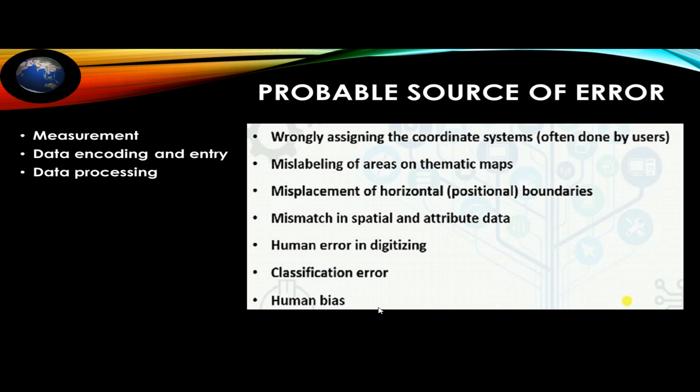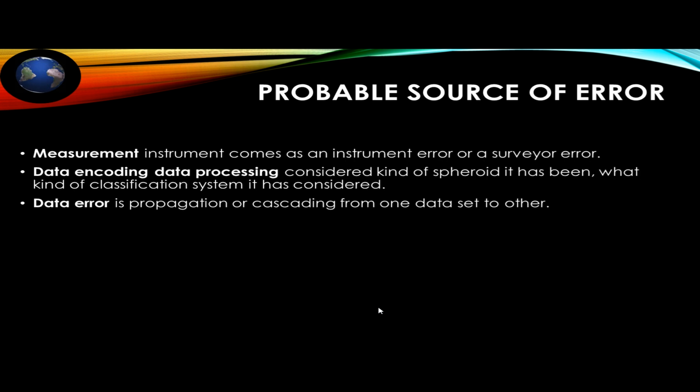This is called classification error of the feature or thematic map. Or human bias, like, as I told, a surveyor locating a point or getting the primary information, or demarcating into the attribute table of the same feature. So it is called human bias. I have described all three probable sources of error: measurement, like instrument error or surveyor error, measurement by instrument, by surveyor, or by ourselves. So that is called probable source due to measurement.